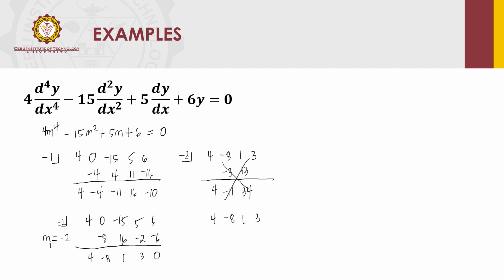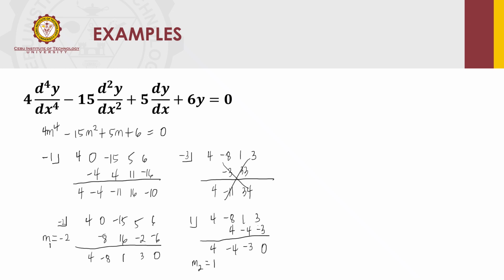Say it's positive 1 because 3 is already very large. So 4, then 4 here, then negative 4, times 1 is negative 4. Sum is negative 3 times 1, so negative 3 also. So the remainder is 0. So our second root is positive 1.